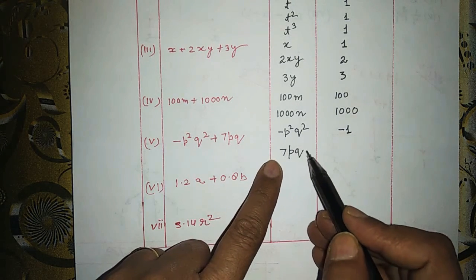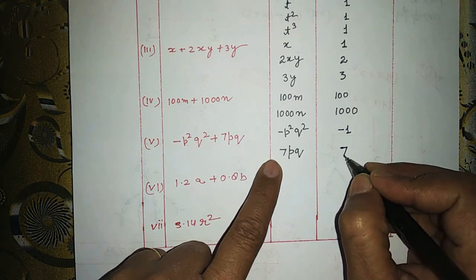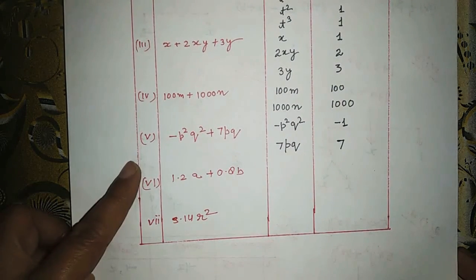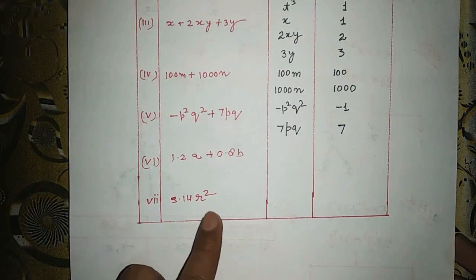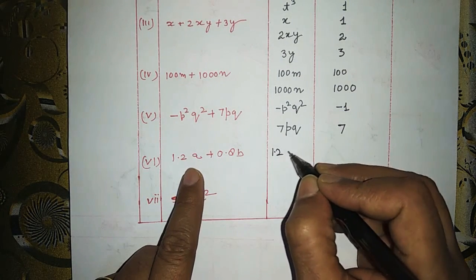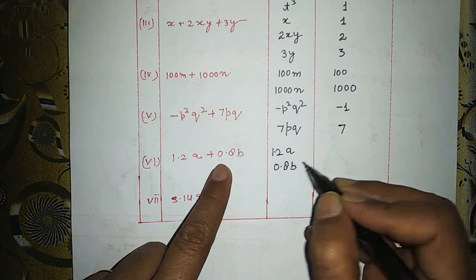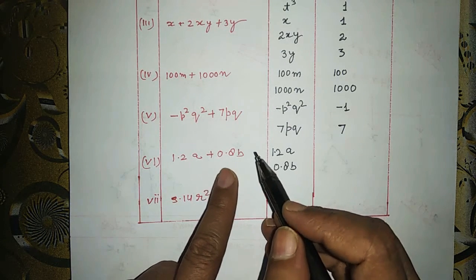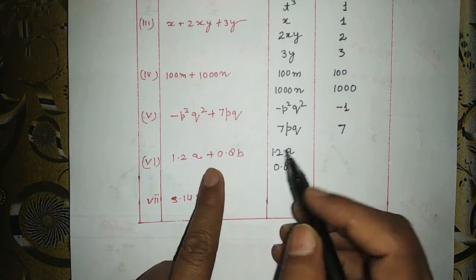And for 7pq, we can write 7. Now, after the fifth part, see the sixth part of this question. Here 1.2a and 0.8b. We have these two terms, and there is no constant term in this part also.